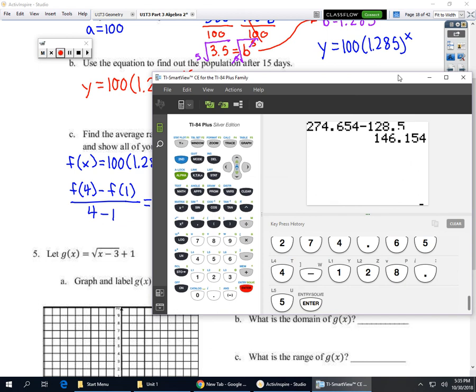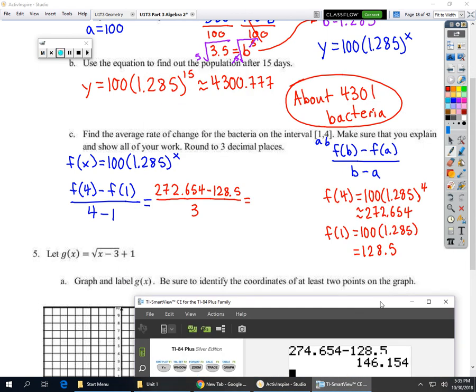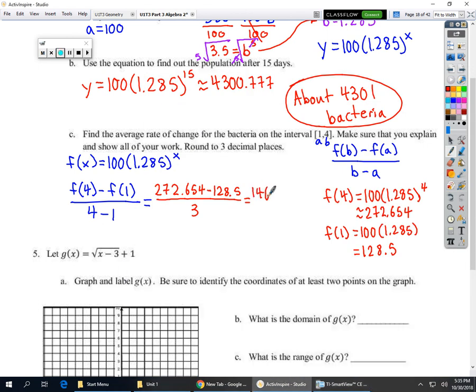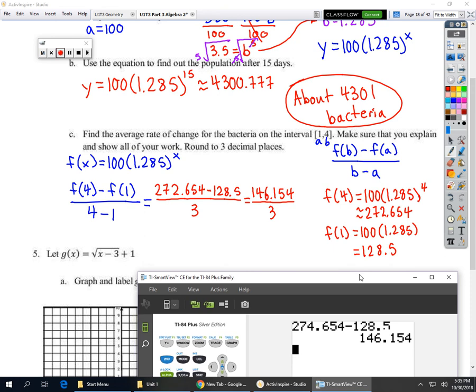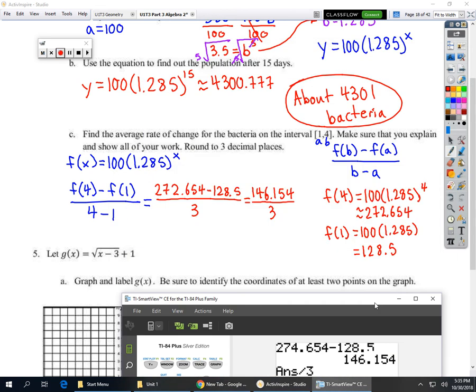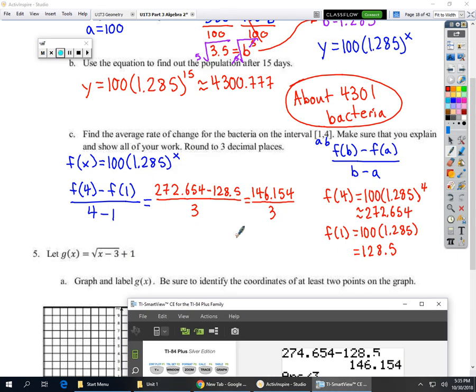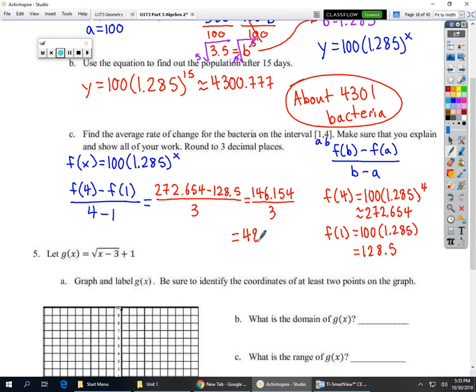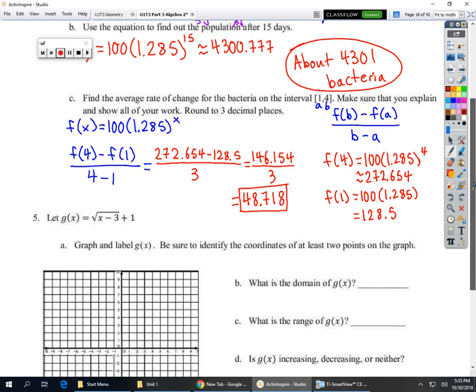That's 144.154. And then I need to divide that by 3. 48.718. All right, so that's our average rate of change here. That was messy.